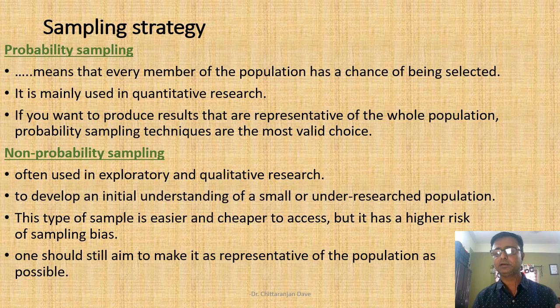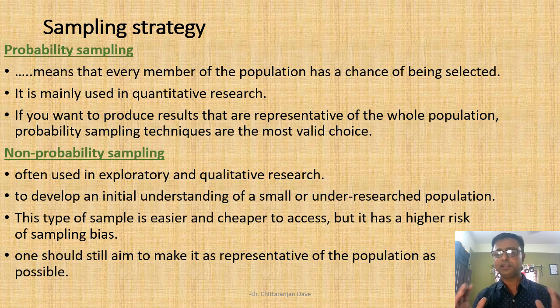Generally, when a researcher starts a research and wants just to get a quick idea of the population, or the person does not have time, or many times when we are doing qualitative research, non-probability sampling is selected, because probability sampling requires far more effort and resources. The non-probability sampling strategy is relatively less intensive, and it is used for exploratory analysis in many cases and sometimes during qualitative research.